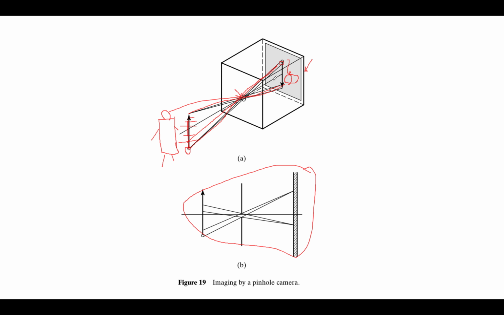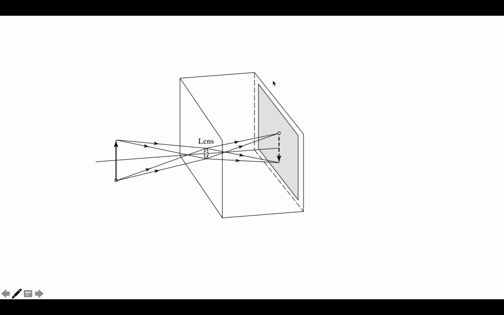Anyhow, now the next question is, how can we make this simple pinhole camera better? To make it better, we can put in a lens. Once you put in a lens, you can focus light, right? And as we have seen, a lens follows a lens equation, that is 1 over u, where u is the object distance from the lens.